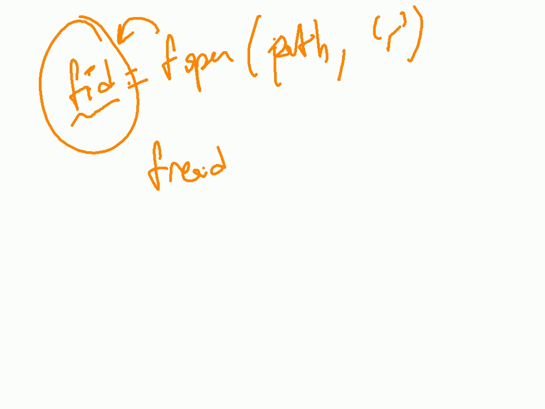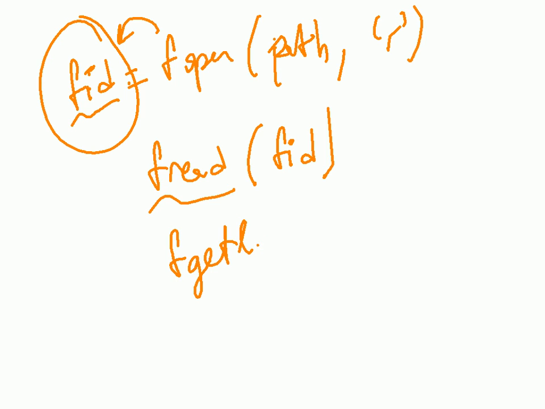There's a function called fread. The first argument is going to be the file ID that you just got from fopen. It will read from that file. There's a function called fgetl, which will read an entire line from the file.